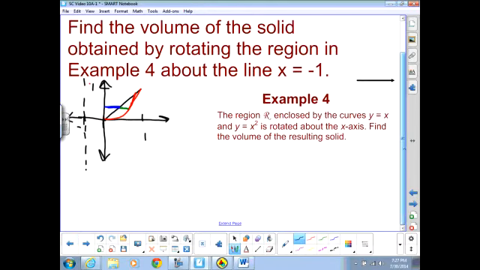Therefore, we need to do dy. Because we have points (0, 0) and (1, 1), our y values that we go from, and remember, you always pick the values of your integral from the original region that you're rotating around something, we have y values from 0 to 1. And we're going to have to do pi times our outer radius squared minus pi times our inner radius squared.